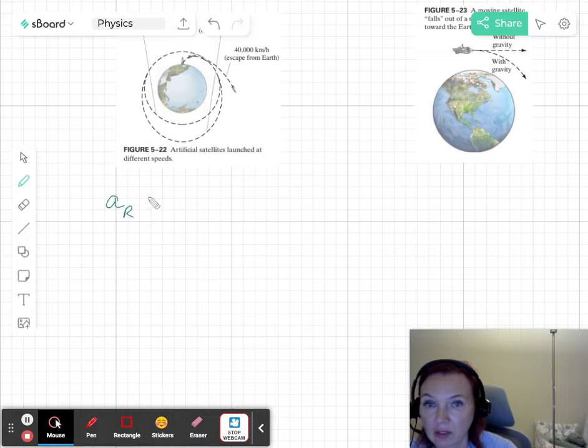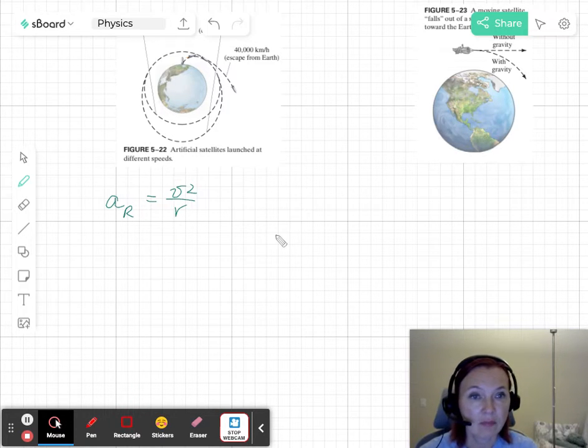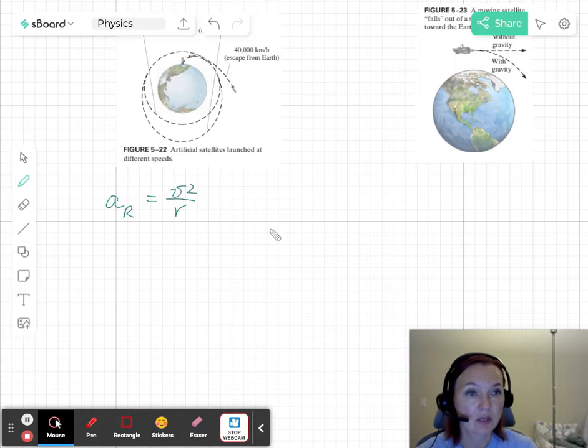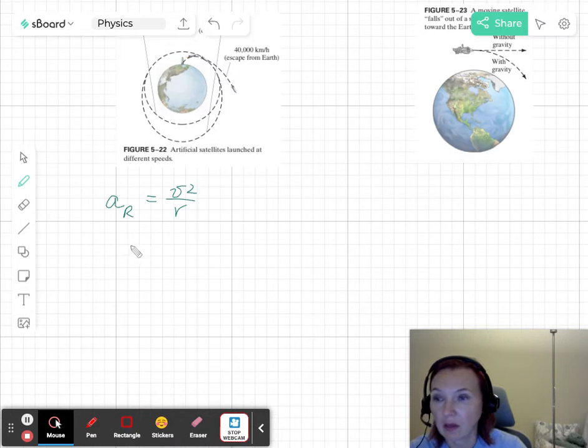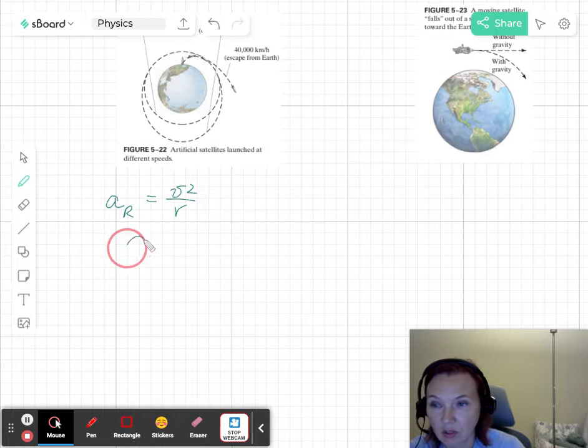The force that gives a satellite this acceleration is the force of gravity exerted by the Earth. Because a satellite may be at a considerable distance from Earth, we will use Newton's law of universal gravitation that we discussed in class. And we are going to have an equation that looks like this.